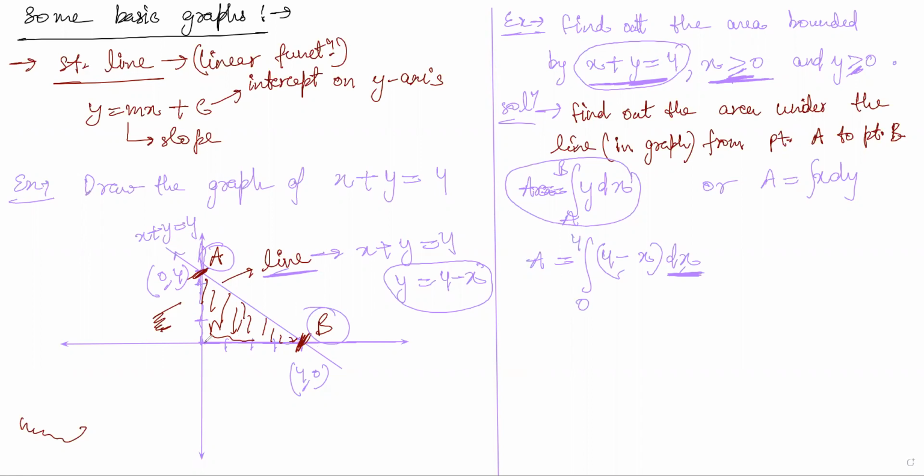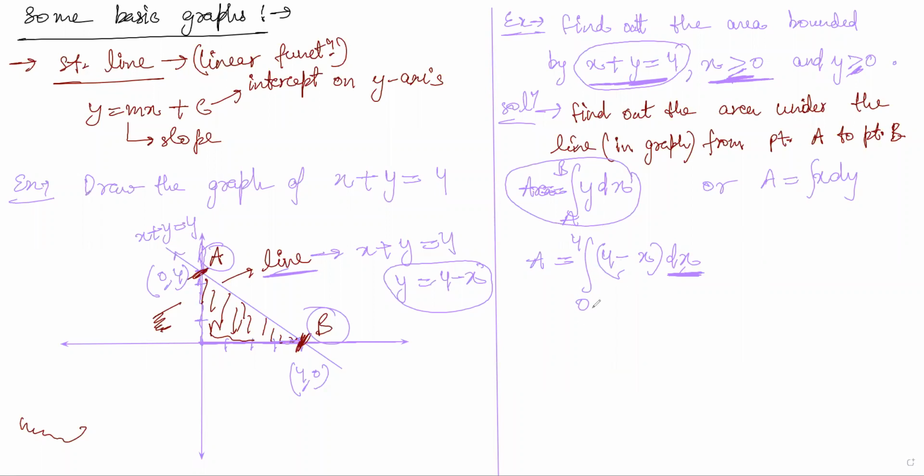Just observe this practically. What you're doing is integrating this line from x equals 0 to x equals 4, for this function y. So your area would be 4 minus x dx from 0 to 4.